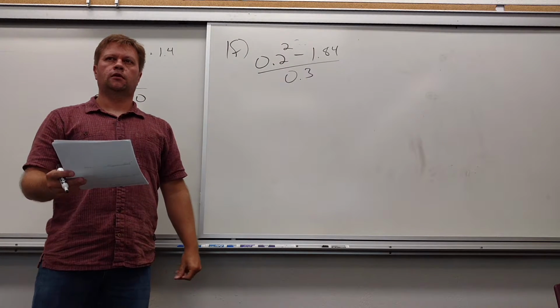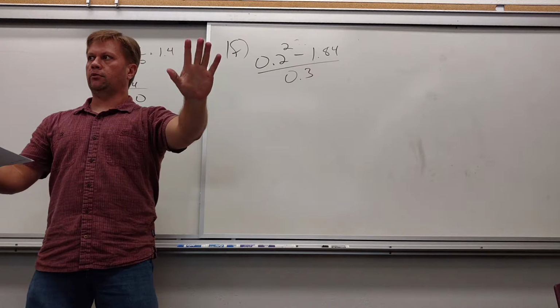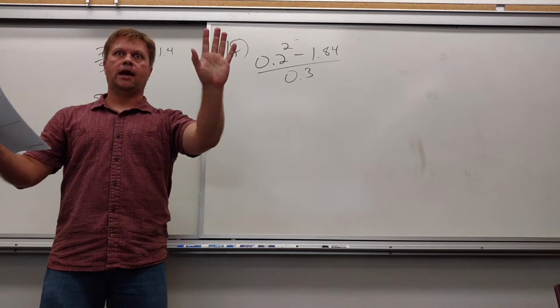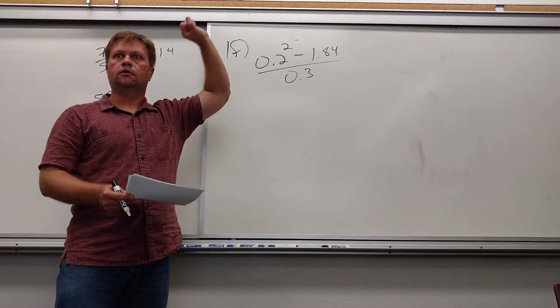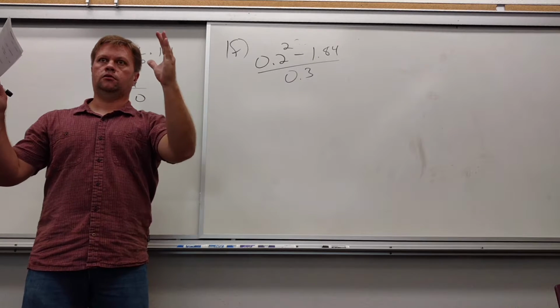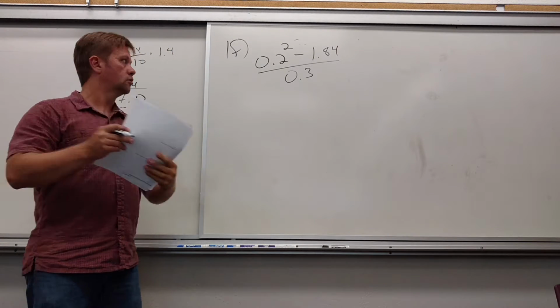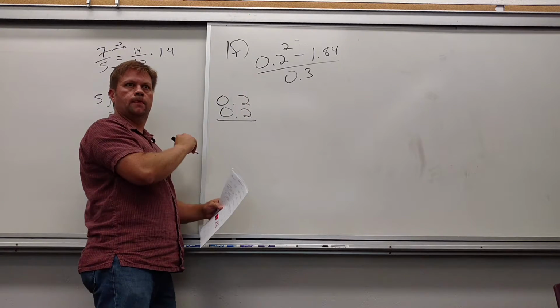Okay. So this is an order of operations problem. Everything is an order of operations problem in math because it's the background of everything, but this is a very explicit one. What are you going to do first? 0.2 twice. 4.